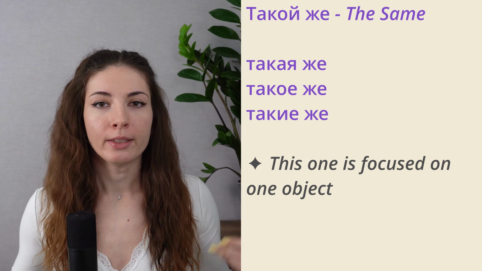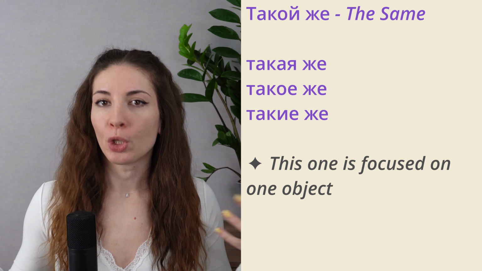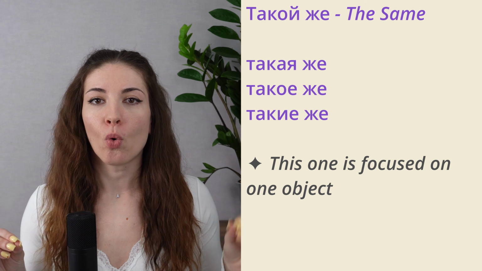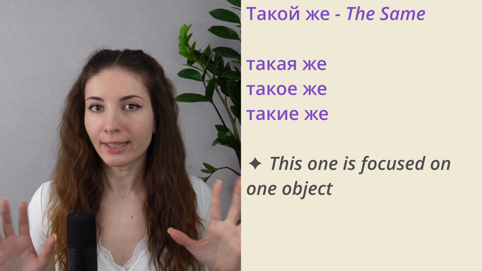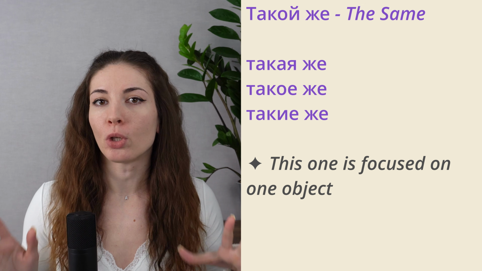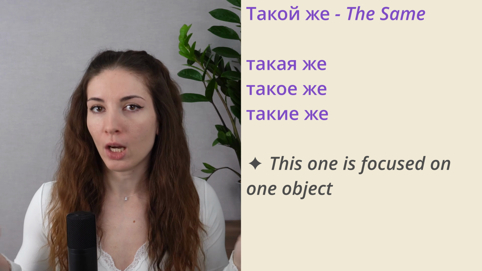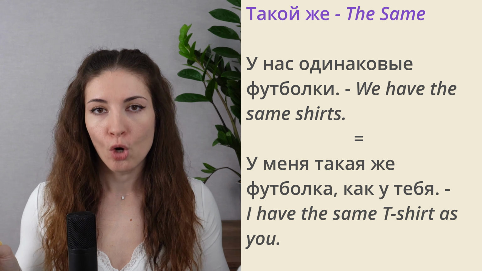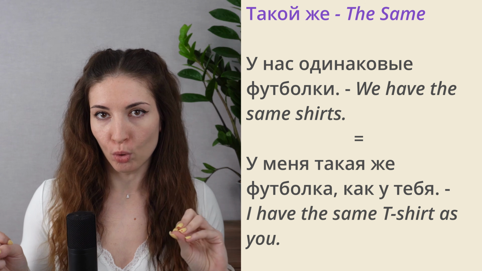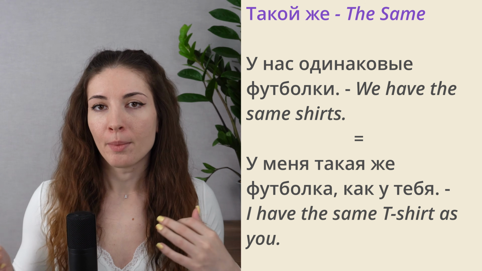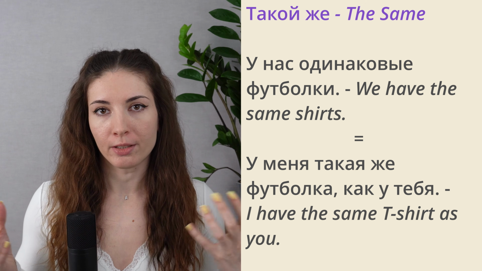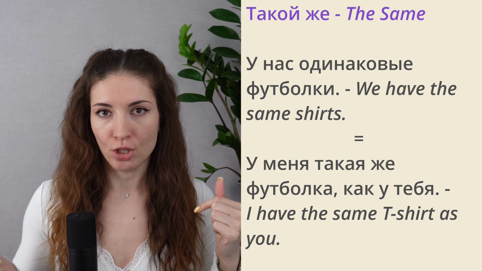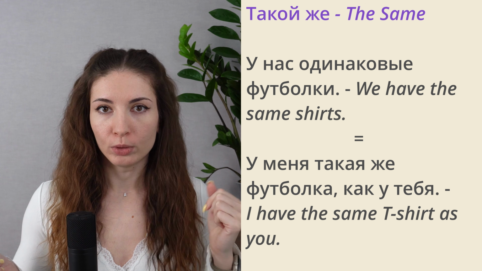Then another one, такой же. Такой же is close to одинаковый, but this one can be focused on one object. Not like одинаковый is always focused on two objects. So, такой же, такая же, такой же. So, the phrase from the previous example, у нас одинаковые футболки, we can say here by replacing a little bit the grammatical construction. Like I can say, у меня такая же футболка, как у тебя.